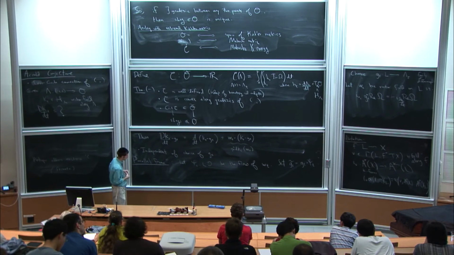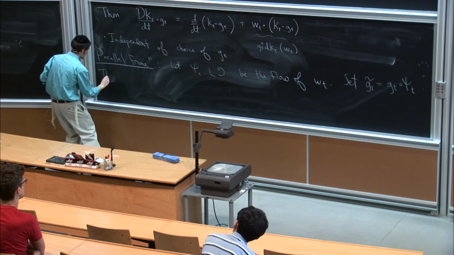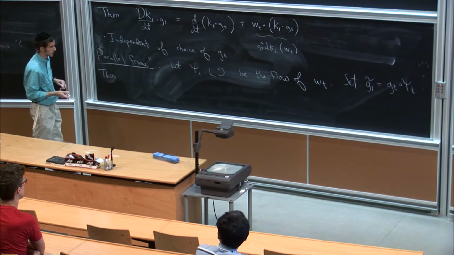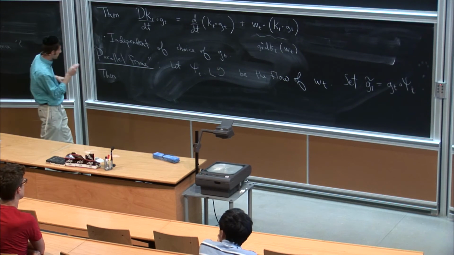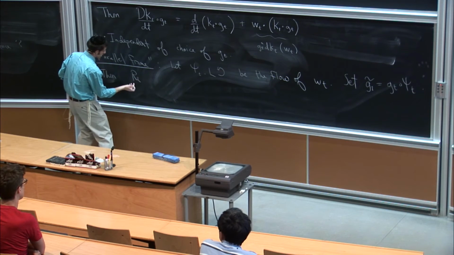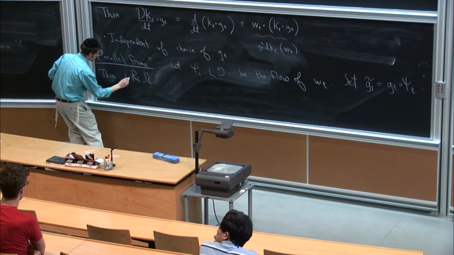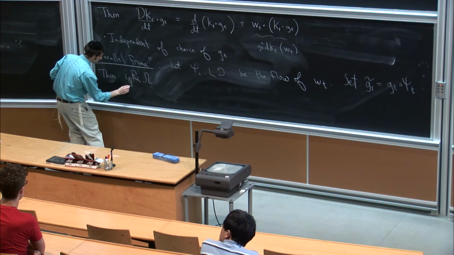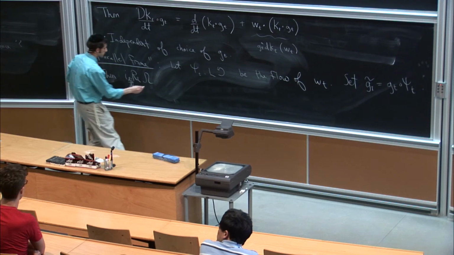Well, then it turns out that the real part of omega, when I contract it with dg_t tilde/dt, is just going to be 0.